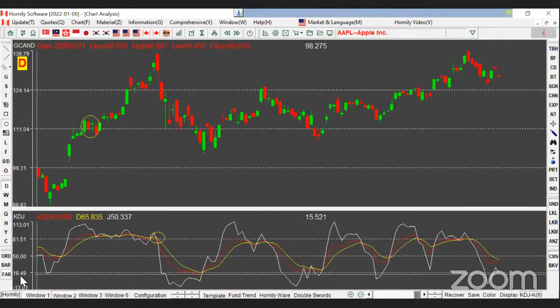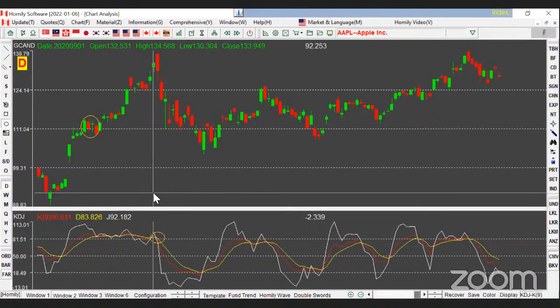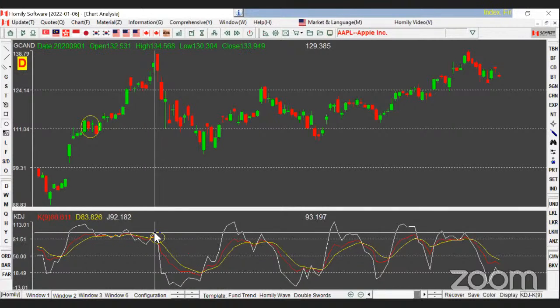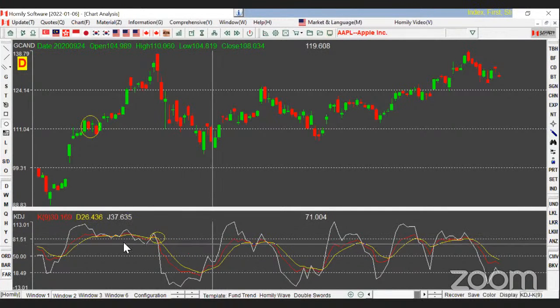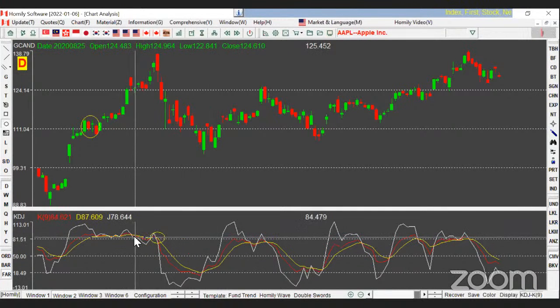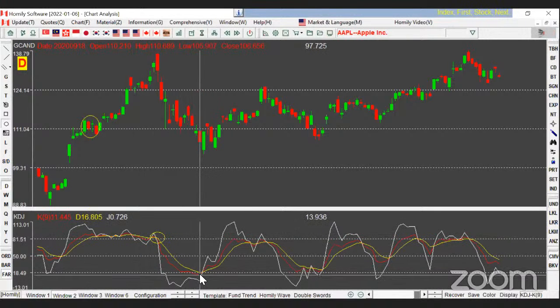Then here is the dead cross. Later we'll talk about the application of KDJ. We'll talk about the golden cross and the dead cross. And yes, this is the overbought. And then here, can you see, the red line is already lower than 18, right? And yellow around 20.